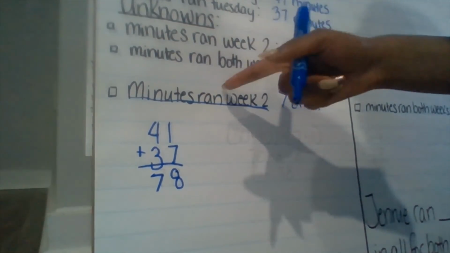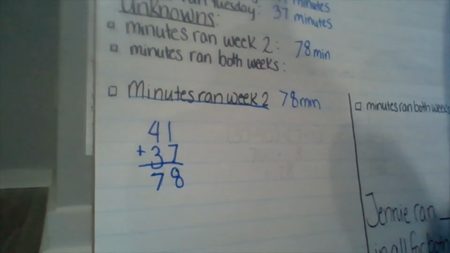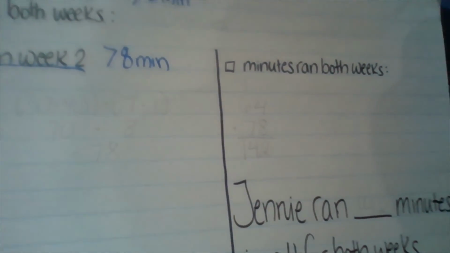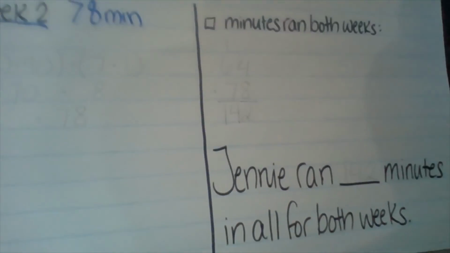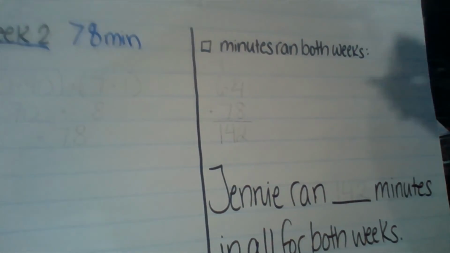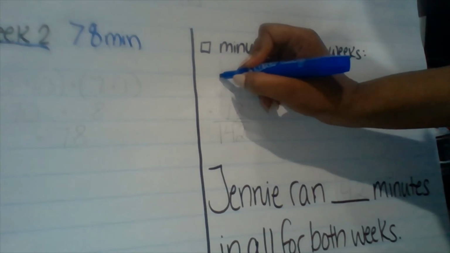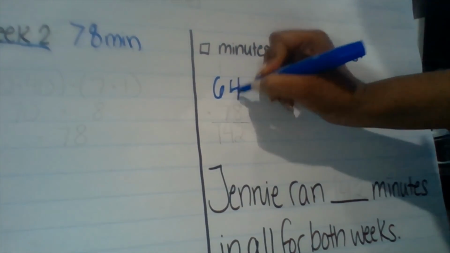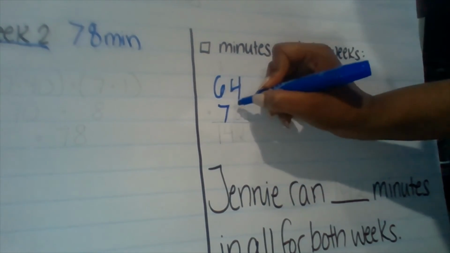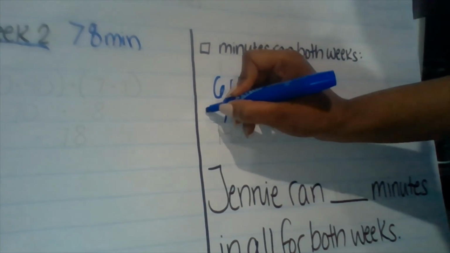And we need to figure out how many minutes did she run for both weeks. So we know that Jennie ran 64 minutes week 1. And we just saw how many minutes she ran on week 2, which was 78.